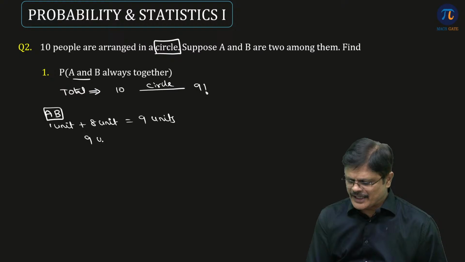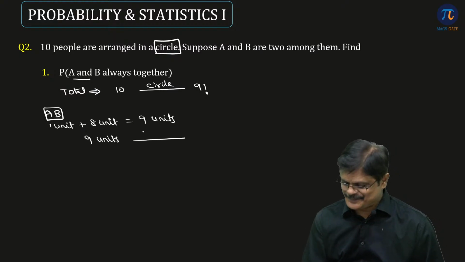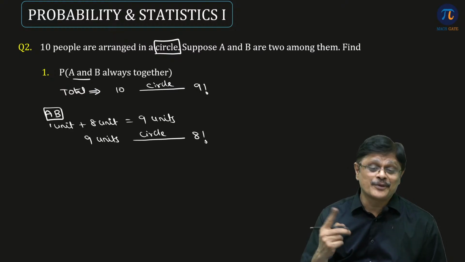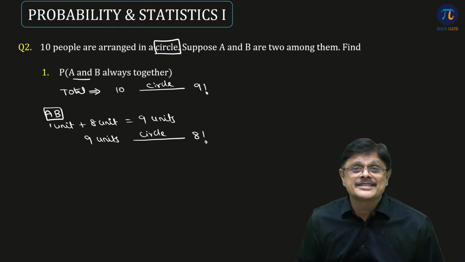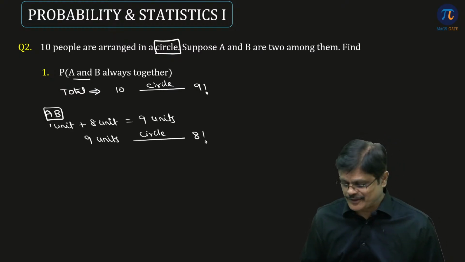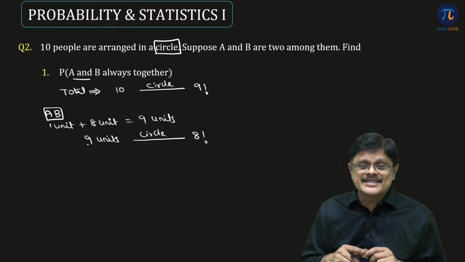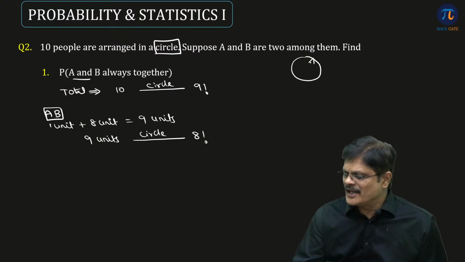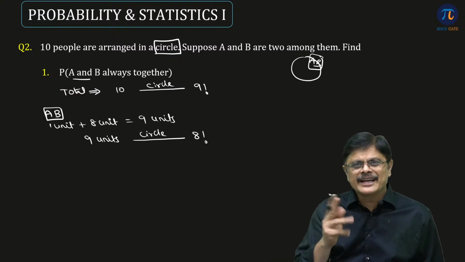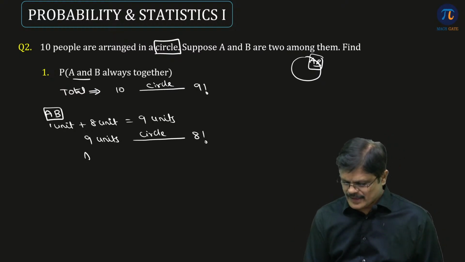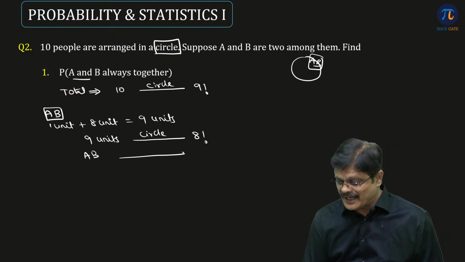How many ways can you arrange 9 units in a circle? 8 factorial ways. Now, in each arrangement, AB are already together. So for each of these arrangements, AB can be arranged in how many ways? Now, people think that AB can be arranged in a circle.